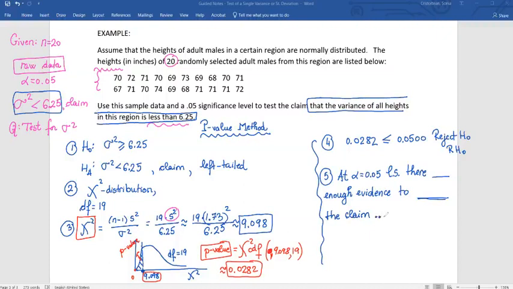I'll just put the symbols in here, though it should be stated in words. So again, I'm rejecting H sub 0, which means I do not have enough evidence to support it, which means I have enough evidence to support the claim. So we will say there is enough evidence to support that claim.